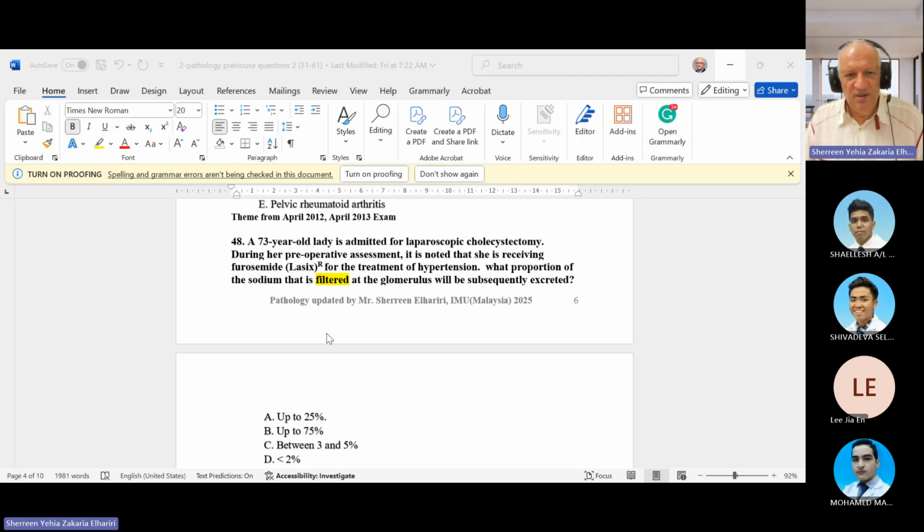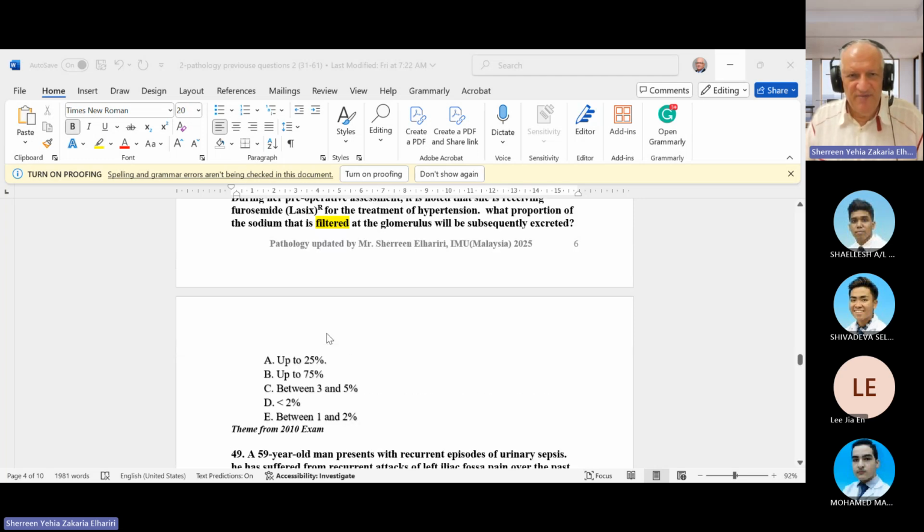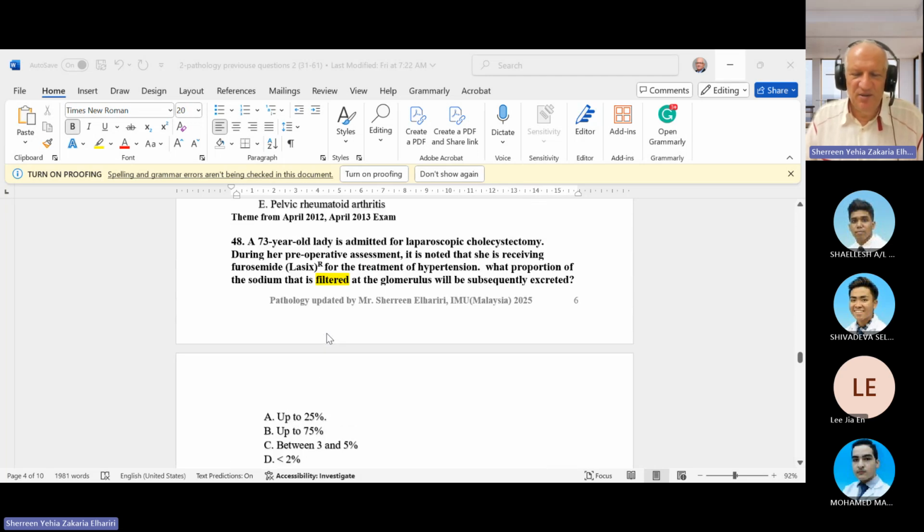Okay, you know, we have the nephron. The nephron consists of the glomerulus, the proximal convoluted tubule, loop of Henle, distal tubule and the collecting tubule. Most of some materials are totally absorbed, others like water from the distal convoluted tubule. But sodium is absorbed in each part with some material.